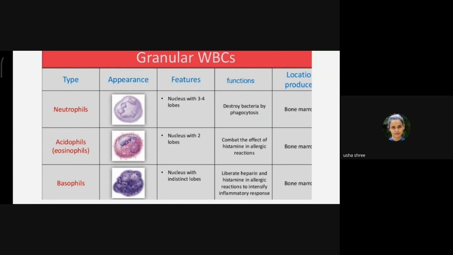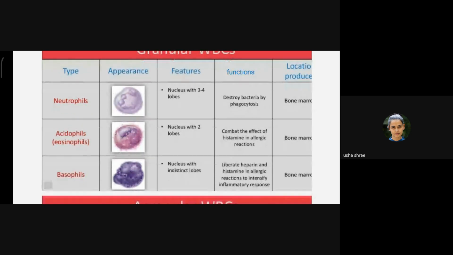Mainly these are the healing process, but when these things become too much, then we get irritated by all these things. When eosinophils or basophils increase in our body, our allergic reactions trigger up, and we suffer so much from these things.